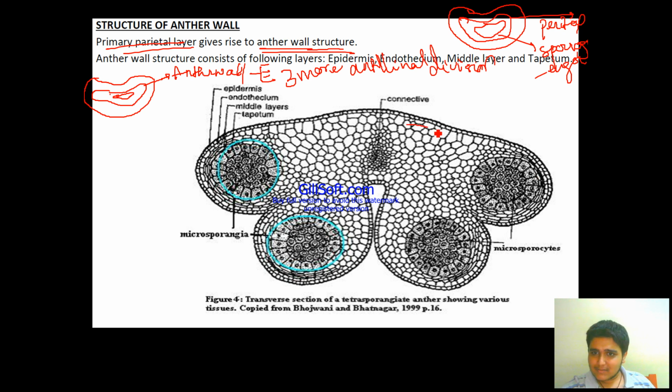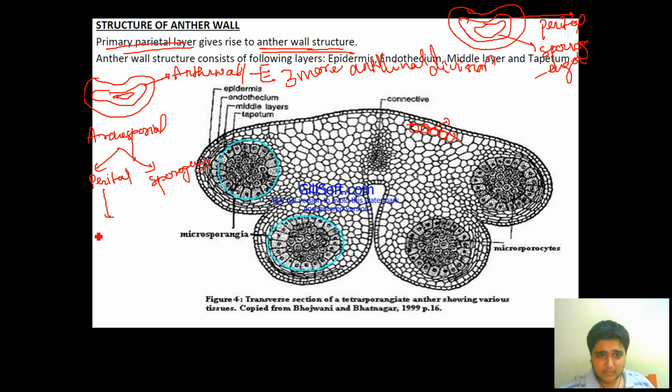So initially I had a single layer of archisporial cells. All of these were archisporial cells. Right? Let me write it here. I had a single layer of archisporial cells which differentiated into a parietal layer and a sporogenous layer.